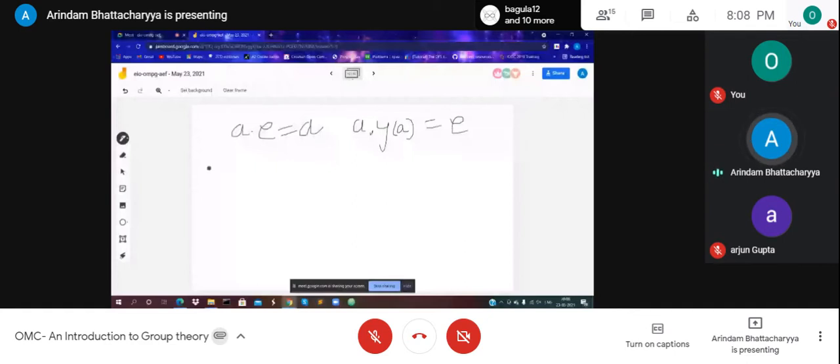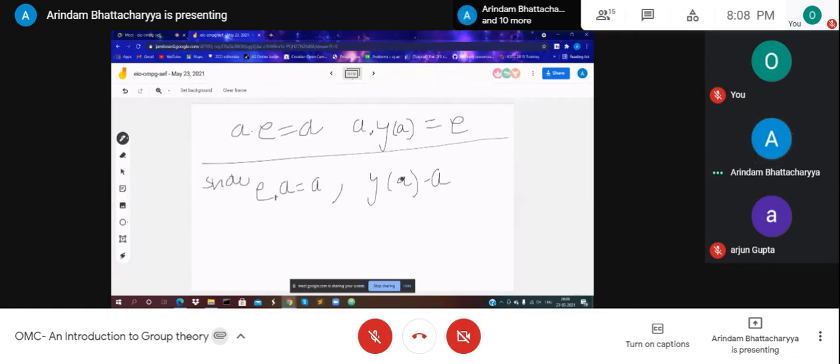And now we have to show that E into A is equal to A, and the inverse of A into A is E. Forgive the handwriting. We have to show these two things.